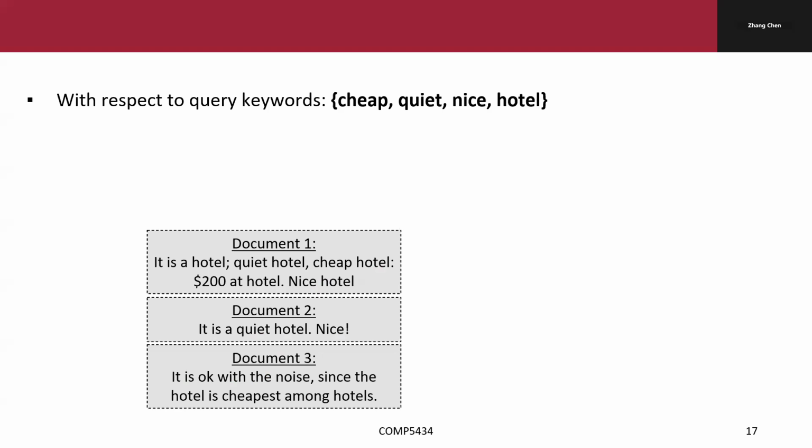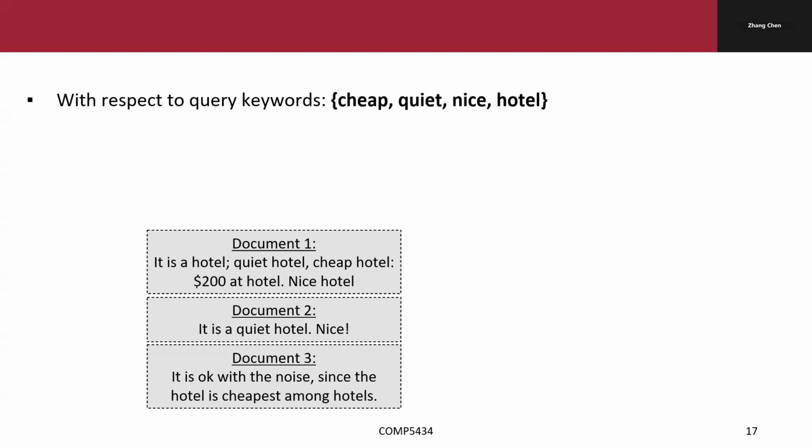So here are the documents. Let's examine each document closely. Document one says it's a quiet and cheap hotel, priced at $200, and it describes the hotel as nice. So this document appears to fulfill all three keywords. And document two states simply that it's a quiet hotel and uses the term nice, okay?